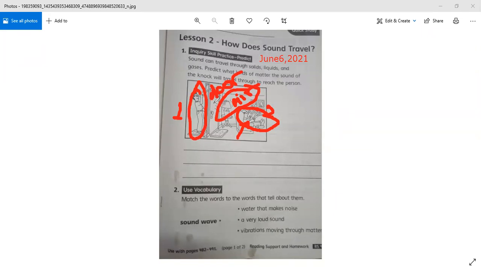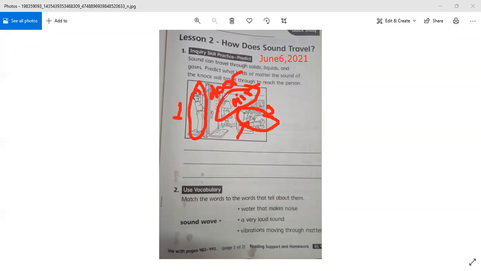And gas. Yes, excellent, because the sound will travel through the door, which is solid.